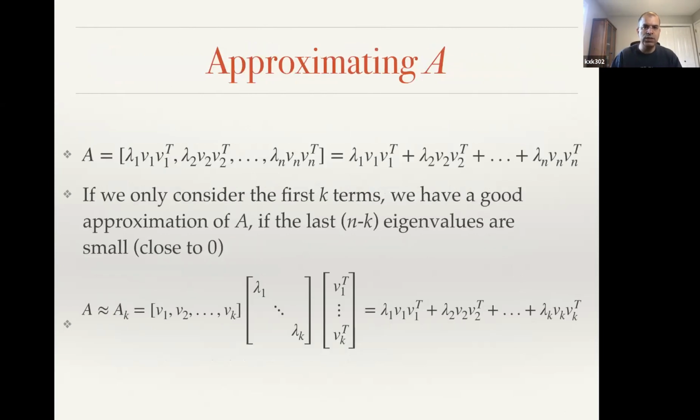So what this means is that we can approximate A by taking the top k vectors in terms of their magnitude and adding them up. And this will give you a very good approximation if the last n minus k eigenvalues are very small, close to 0. So that Ak would be an approximation of A.